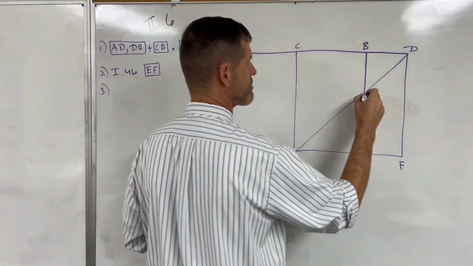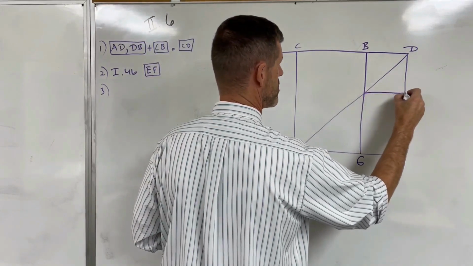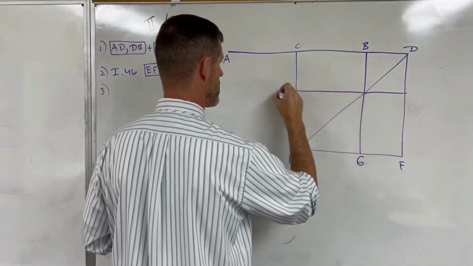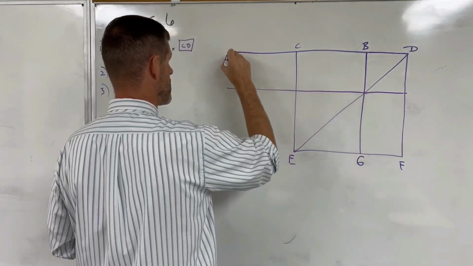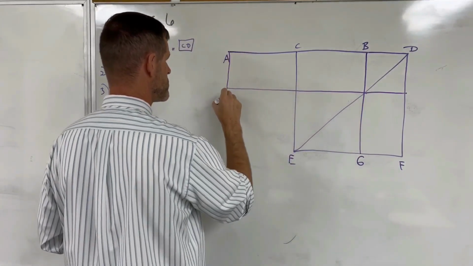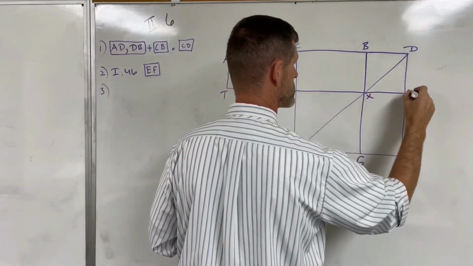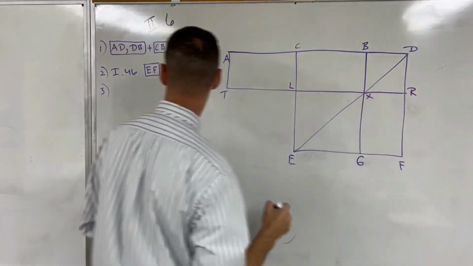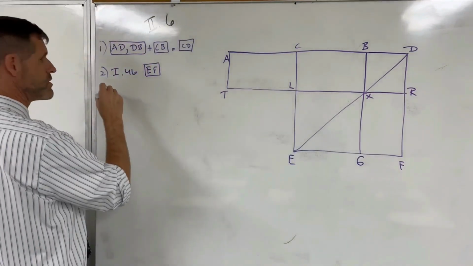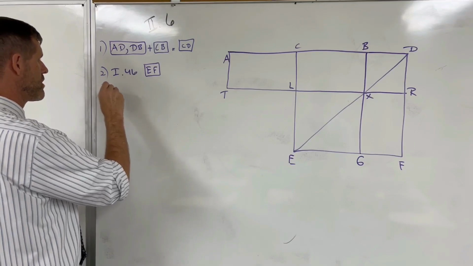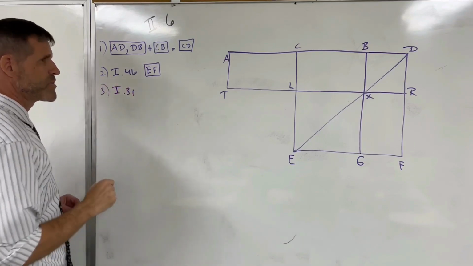And then through this intersection point, we draw a line going all the way along over here. And we'll call this T and L, X, and R. So we were able to draw those parallel lines, of which there are 3, via proposition 31.